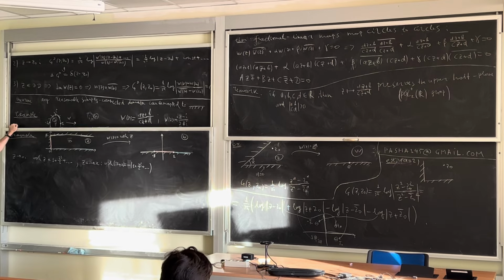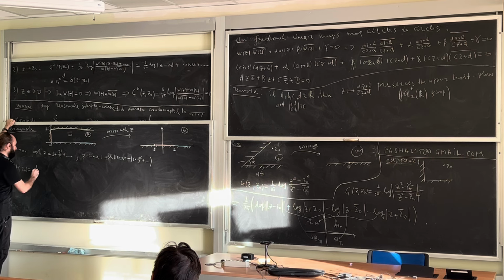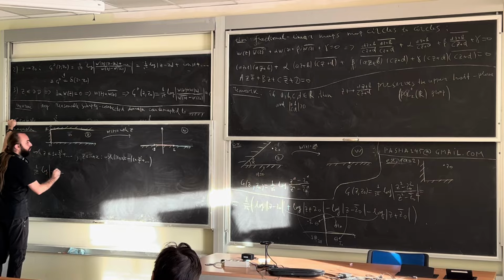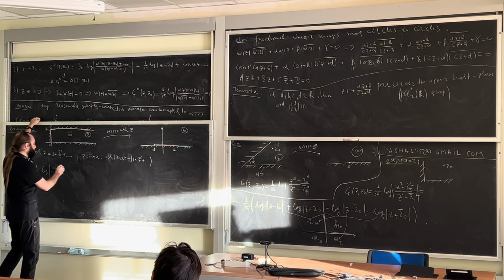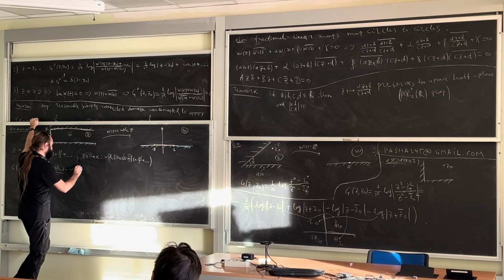So, namely, let us write our Green function. The Green function of z, z0 equals 1 over 2 pi logarithm of cosh of z minus cosh of z0.